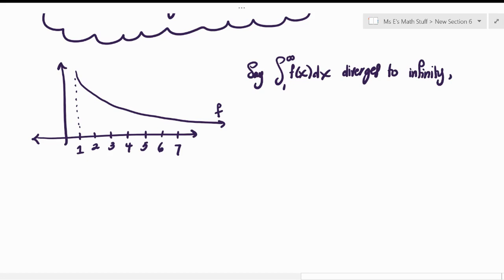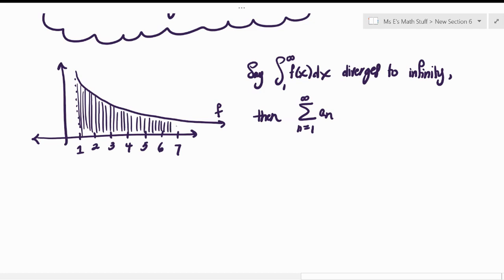Then look at the sum as n goes from 1 to infinity of a sub n, assuming a sub n and f of n are the same. How does that compare to the integral? Well, the integral would be all the area underneath the curve, right?